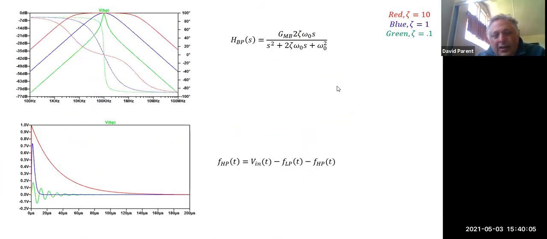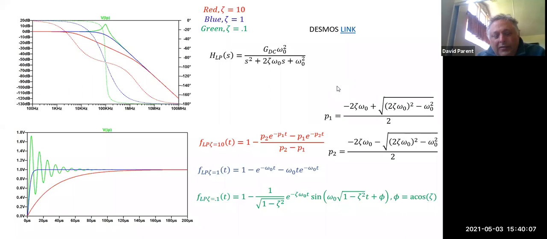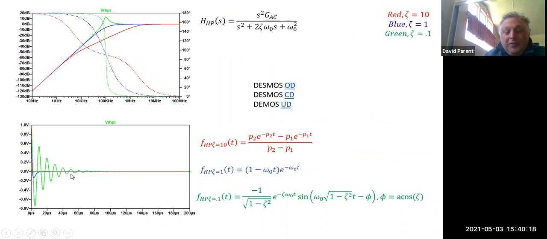For the low pass, if there's no overshoot, then it is critically or overdamped. But for the high pass, it changes.